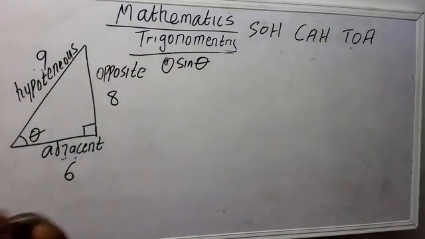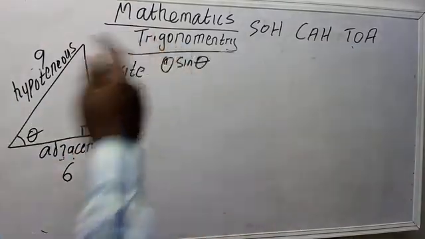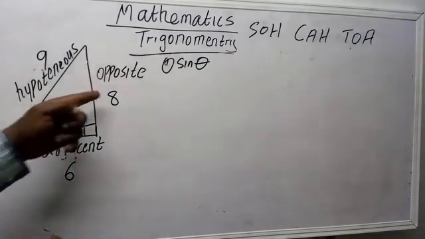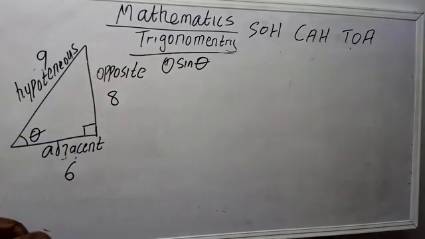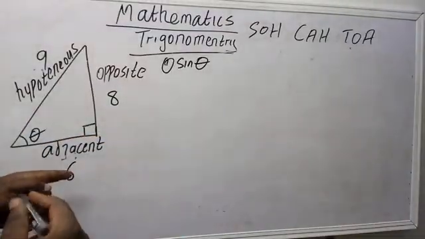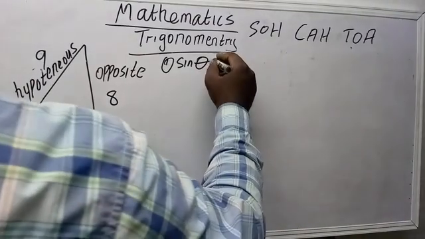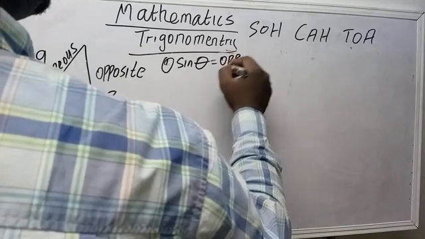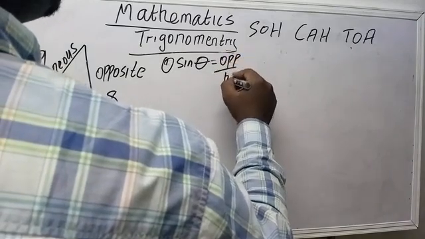Now we have sin theta. Sin theta means opposite over hypotenuse.